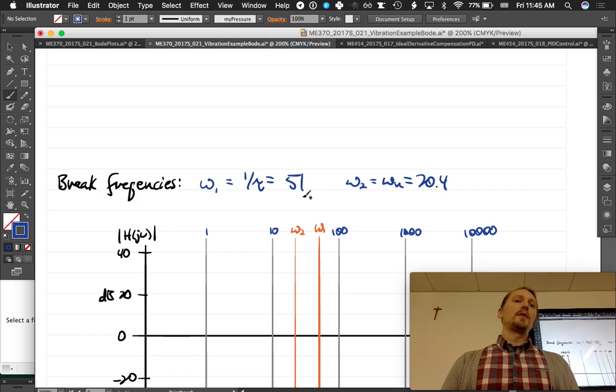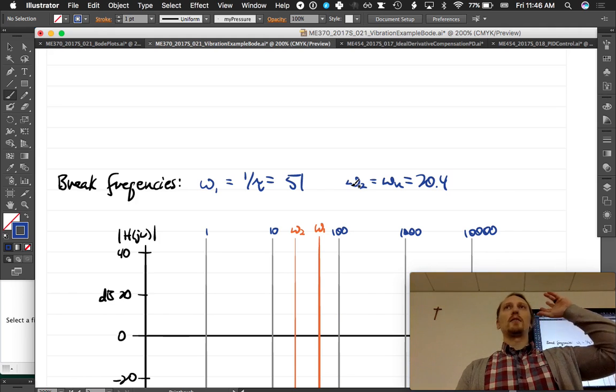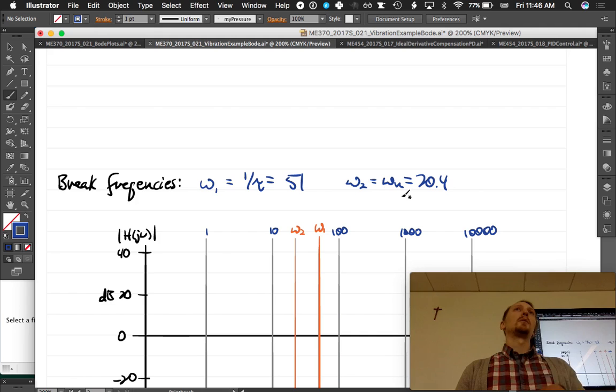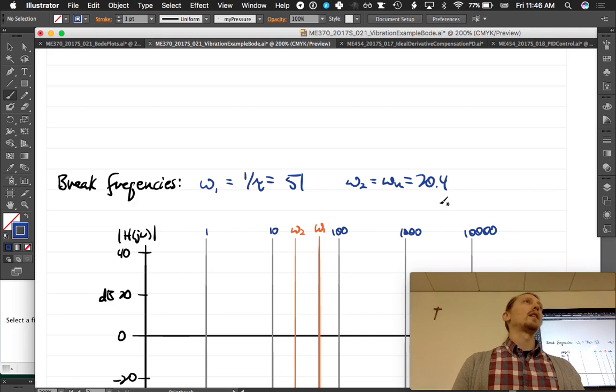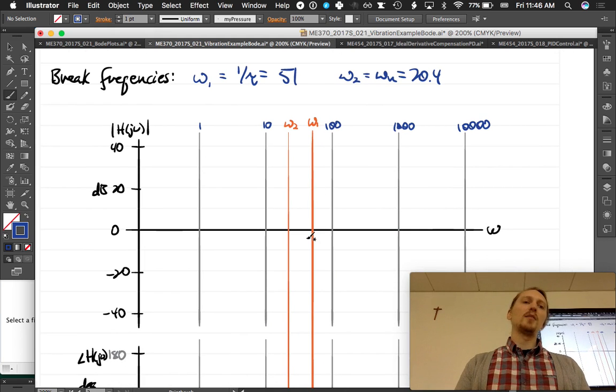And if you compute that, that's 51. We already computed tau, so it's 51. The second break frequency, which is associated with the conjugate pole pair, is going to be at the natural frequency, which we already computed. Omega n is equal to 20.4. So we know the two break frequencies, so I stuck them on here.